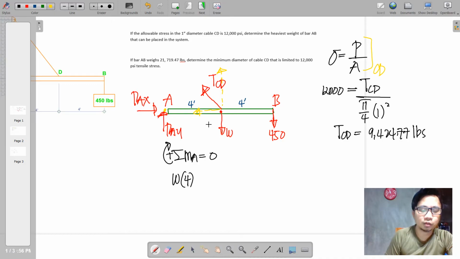Of course, the horizontal component will have no moment arm, so this is TCDY. Only TCDY will have its moment arm.